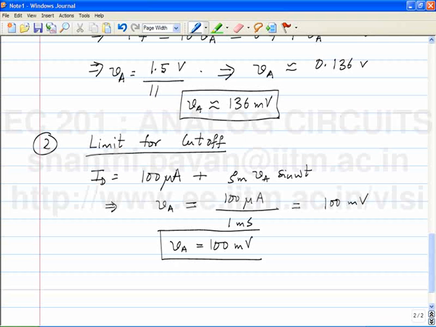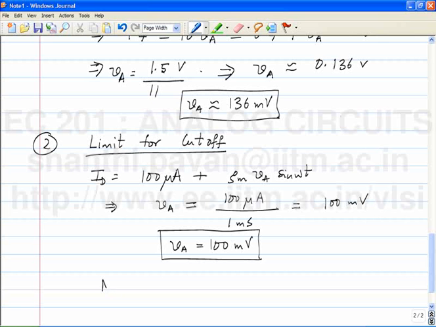So what is the maximum peak amplitude permissible before the output sine wave gets clipped? It doesn't matter that the limit to reach the triode region is 136 millivolts. The moment the input sine wave amplitude exceeds 100 millivolts, the top gets chopped off, okay, and it doesn't really matter that the bottom is quite clean. You understand?